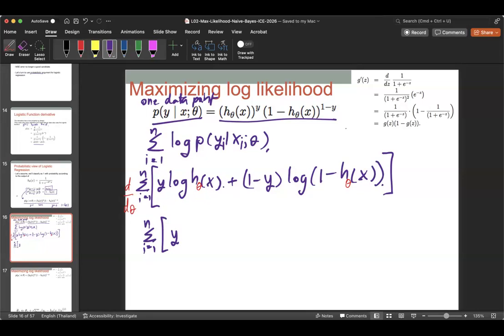The derivative of log is 1 over the argument, and then we do the chain rule, taking the derivative of this thing. And the other term is this.